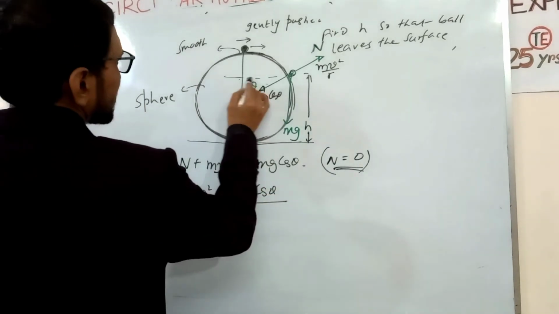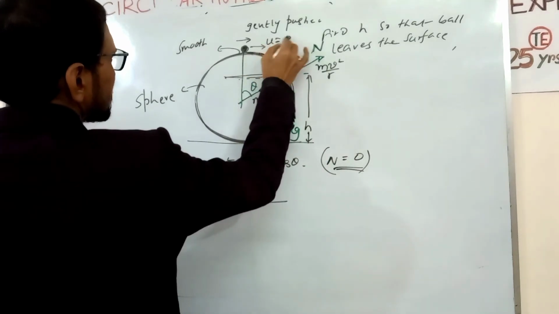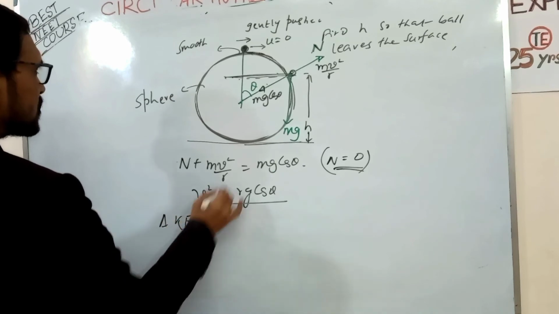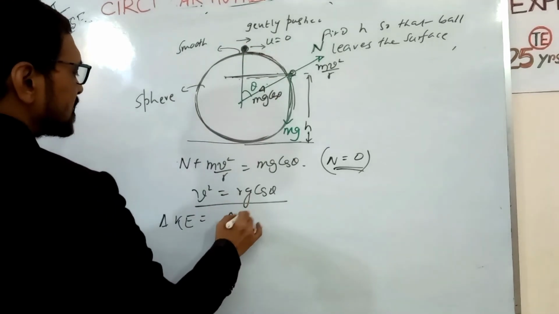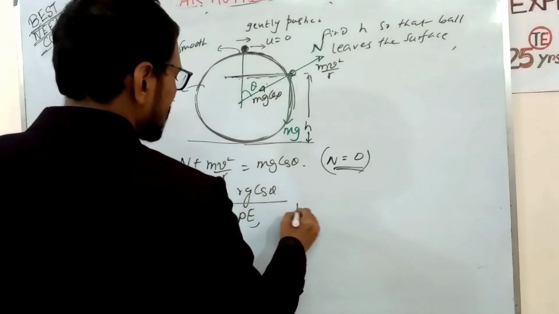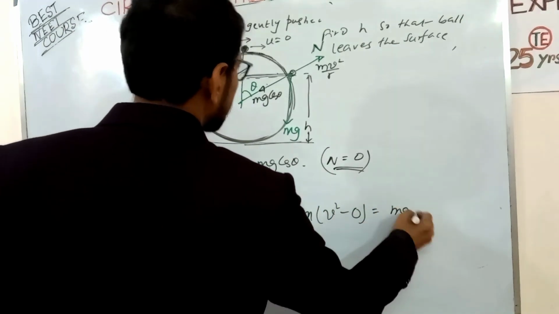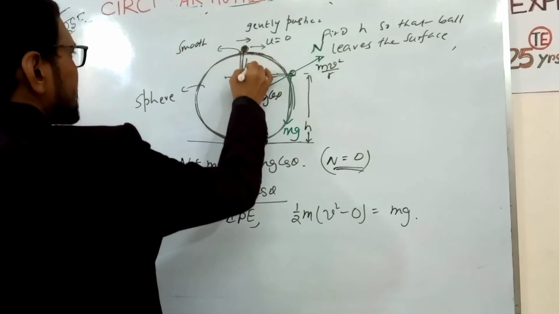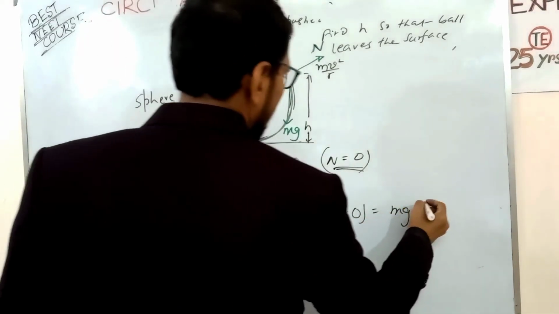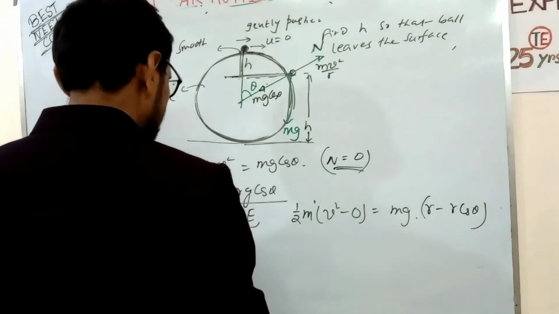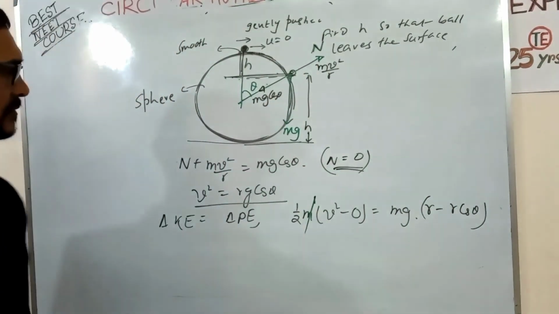Now what is the velocity? Here initial velocity u equal to 0. To find the velocity, we always apply change of kinetic energy equal to change of potential energy: half m v square minus 0 equal to mg into this height. Now what is this height? H equal to r minus r cos theta. So cancel m and m.